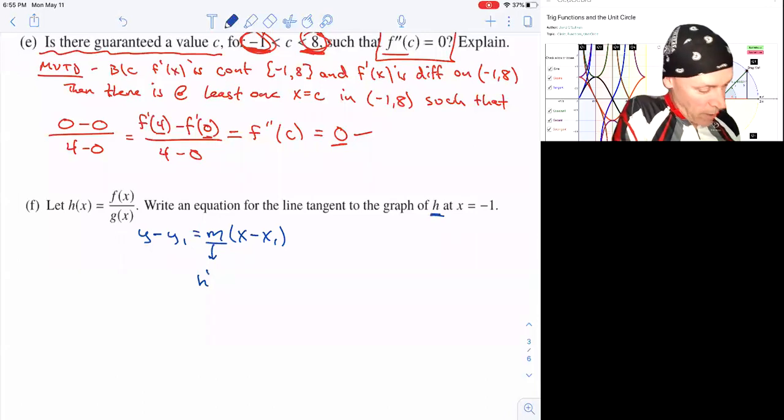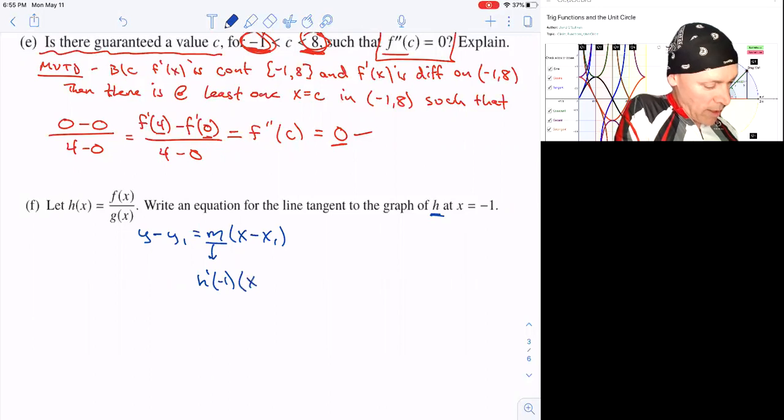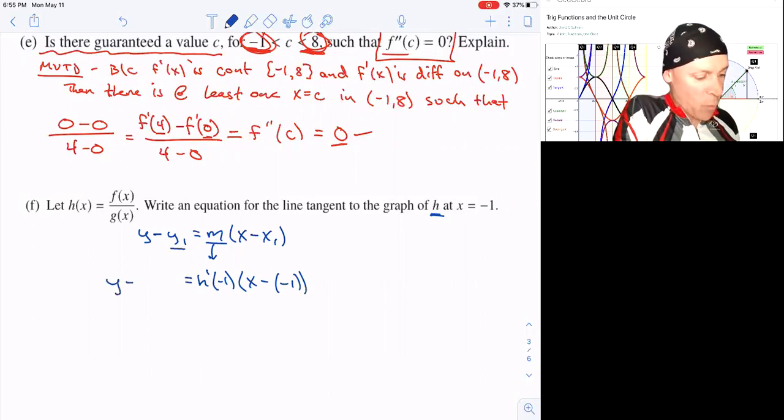So it's really h prime at -1 times the quantity x minus -1. The other side is y minus y sub 1, which is really h at -1.